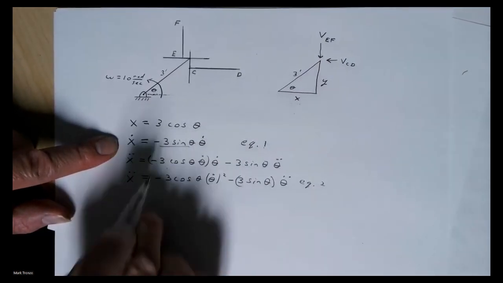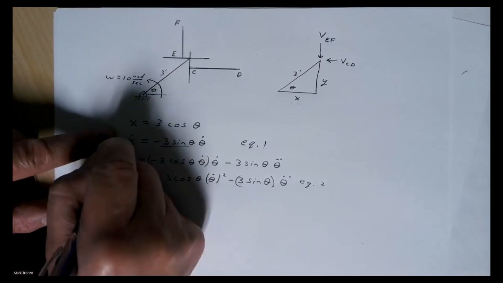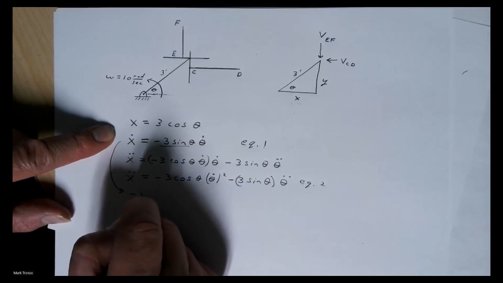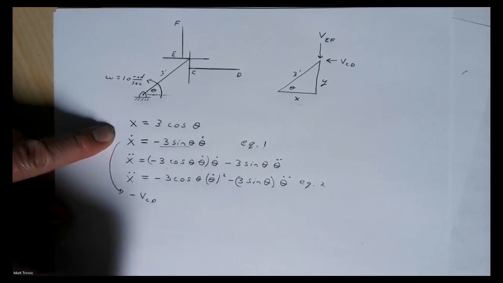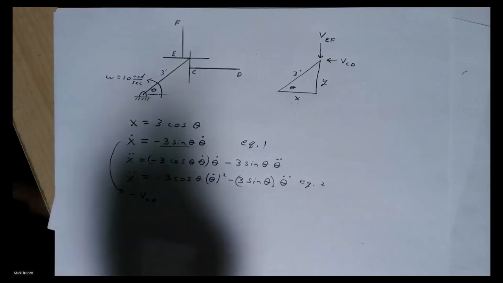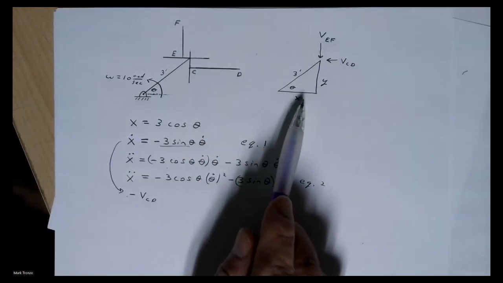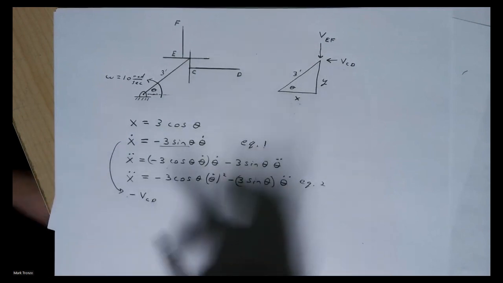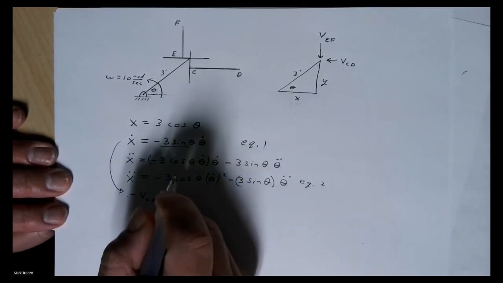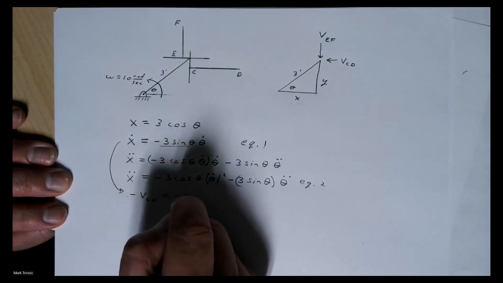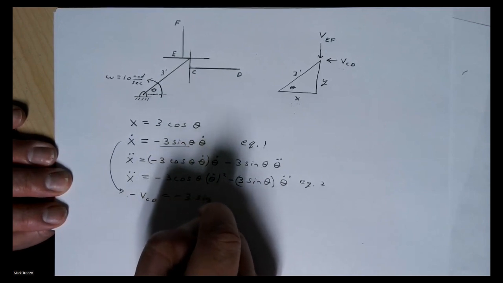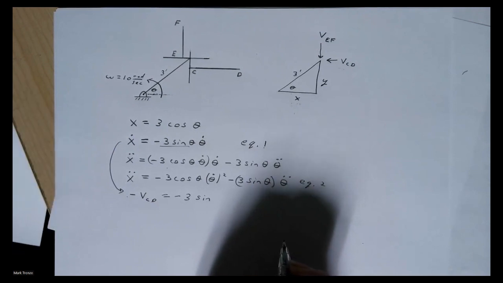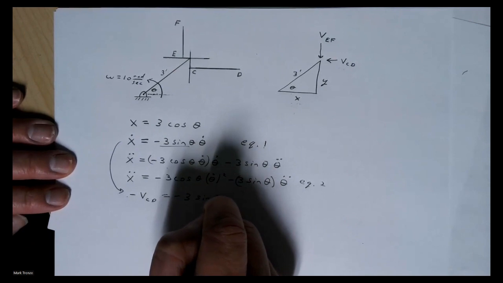equation 2. Up here, I'm going to replace X dot with negative VCD, because again, this is the velocity of X, and this is the change in CD. That's going to be equal to 3 sine, and we want this whenever theta was 30 degrees.